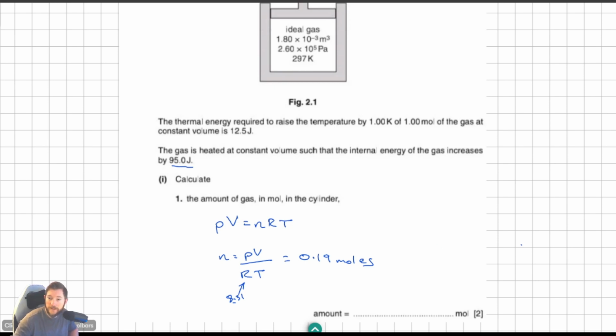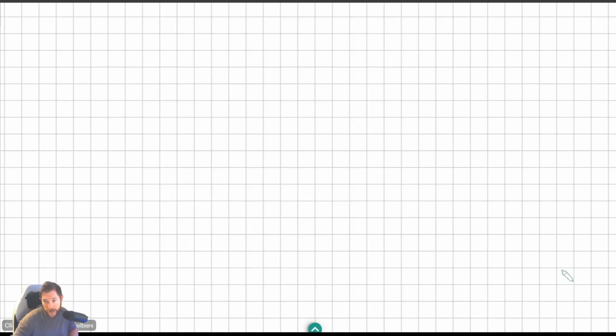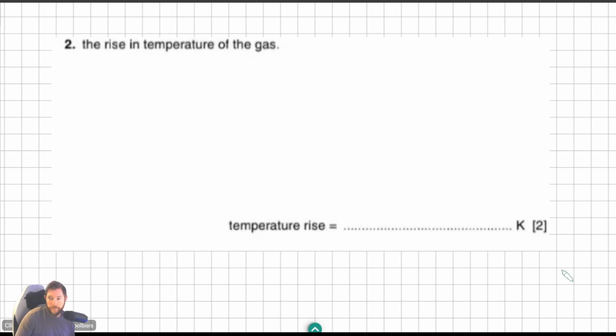And the person on Reddit was asking, why did we not use Q equals mc delta T, which is an equation that most of you will be familiar with from the thermodynamics topic, where m is the mass of the sample that you are dealing with.